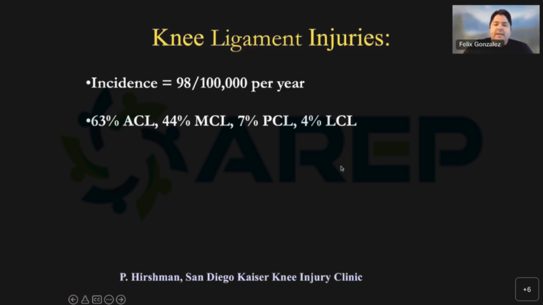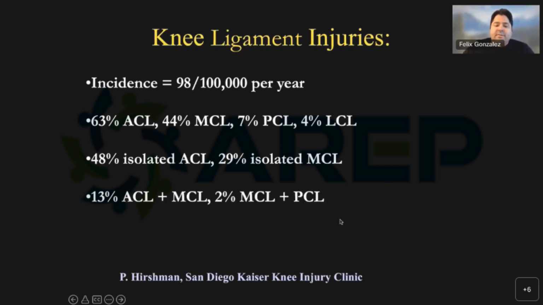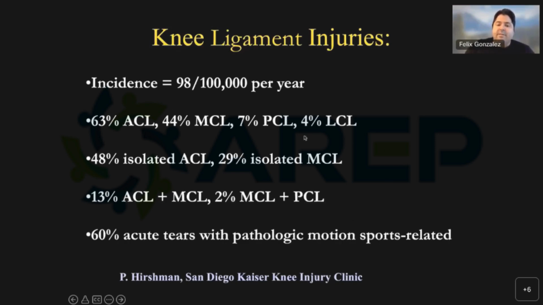Knee ligament injuries have an incidence of about 100 per 100,000 patients a year. I just enumerated here from top to bottom the most common injuries in the knee. Most commonly, as you would expect, is the ACL at 63%, followed by the MCL at 44%, followed by the PCL, and followed by the lateral collateral ligament, usually 40, almost 50%, right?